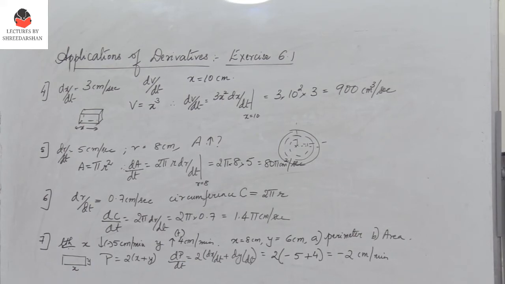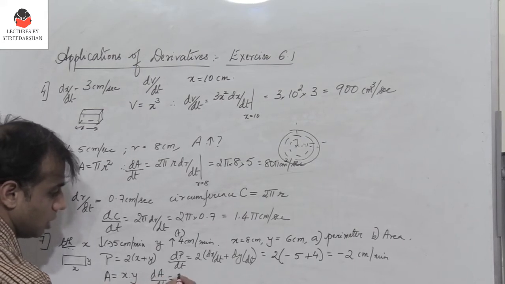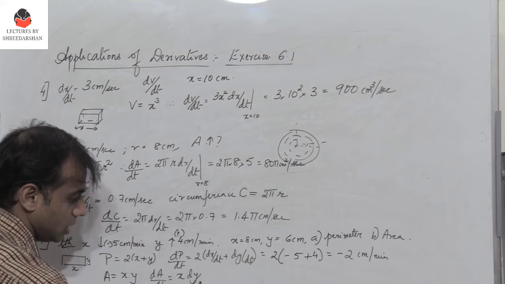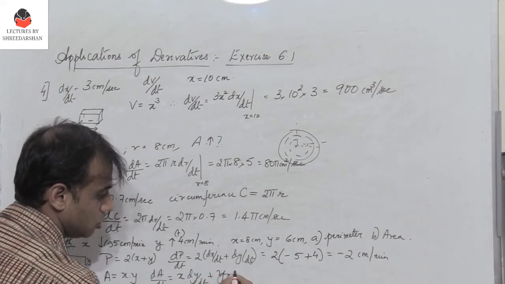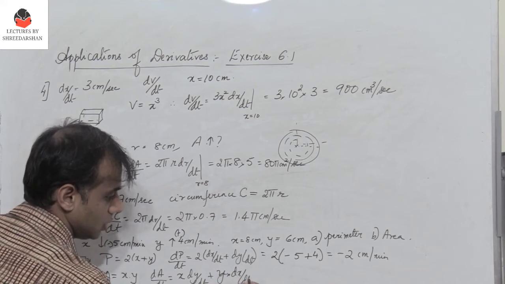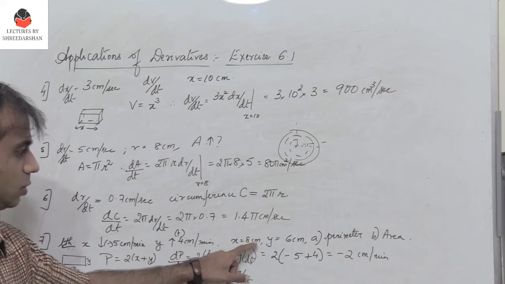But what about the area? The area is x times y. So I differentiate this with respect to t. dA/dt equals x dy/dt plus y dx/dt. Now what about x and y? x and y are given here, which are 8 and 6.